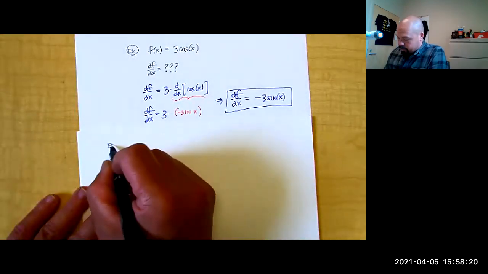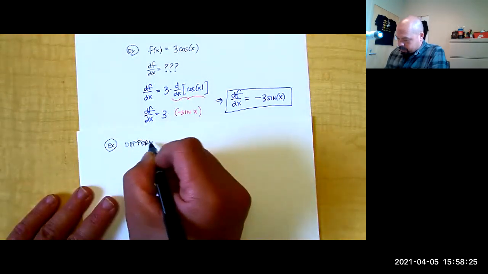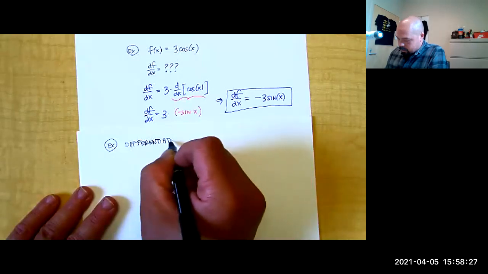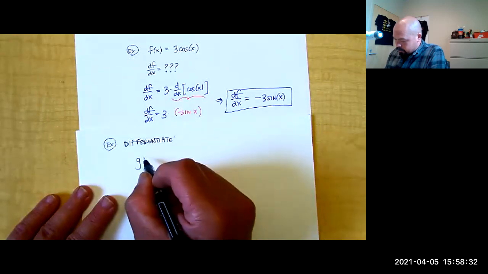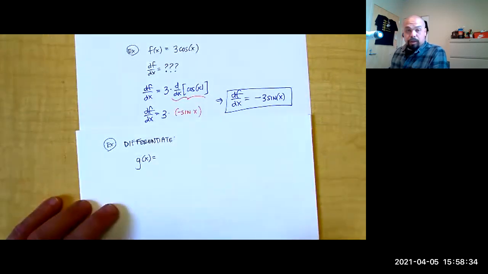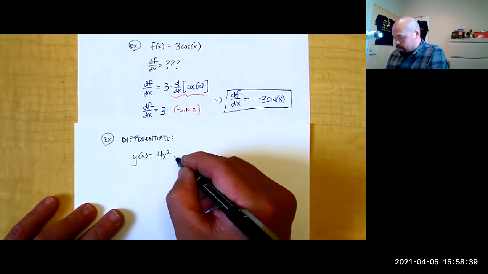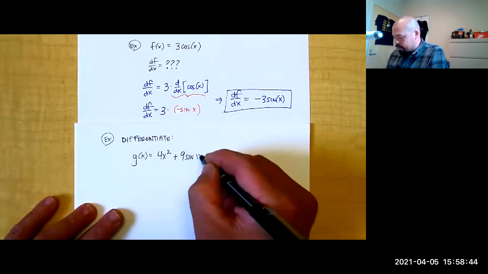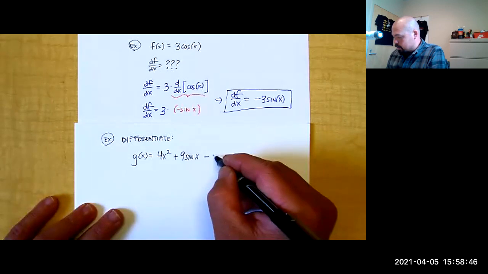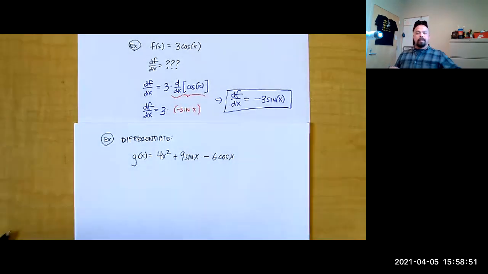So for this next example, what if I want to differentiate, say here, g of x was equal to 4x squared plus 9 sine of x minus 6 cosine. And later we'll bring in product and quotient rules as well, okay?